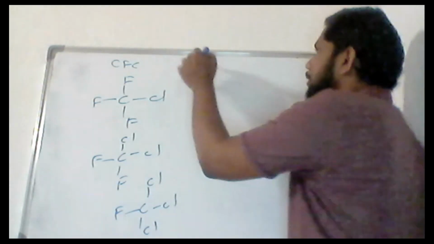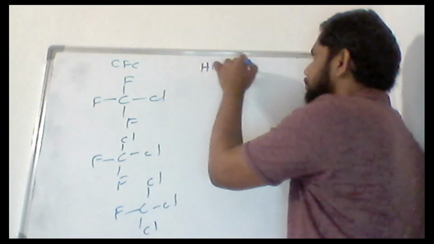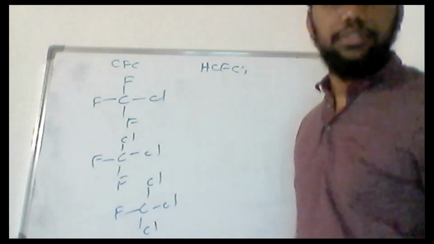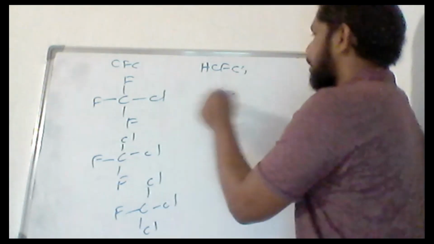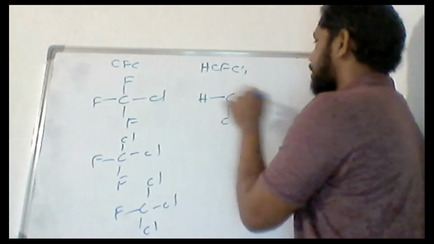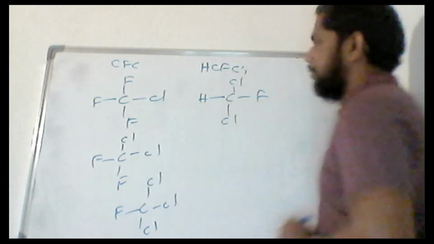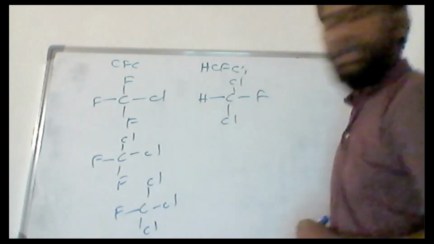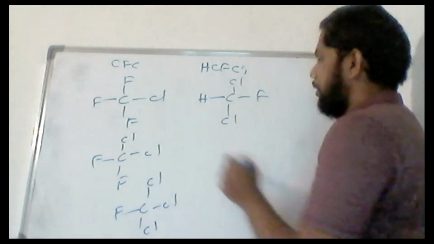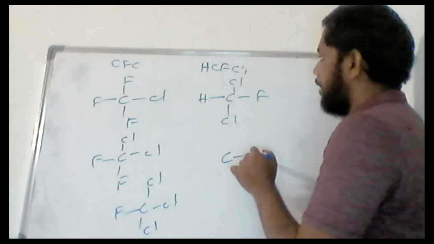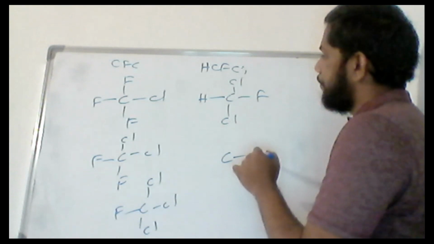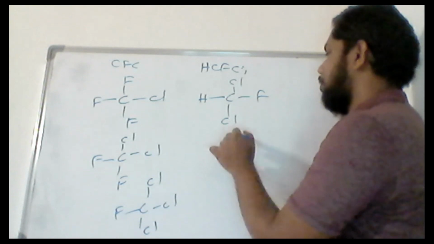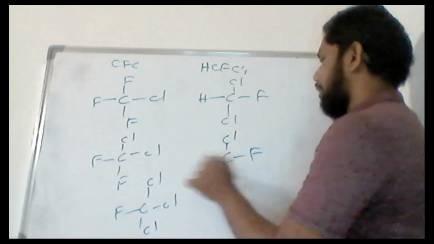So what should be the other one? Hydrochlorofluorocarbon, which means you can imagine there should be hydrogen, chlorine, and fluorine. So this can be one, and there can be another one, like one chlorine, two fluorine, and hydrogen.